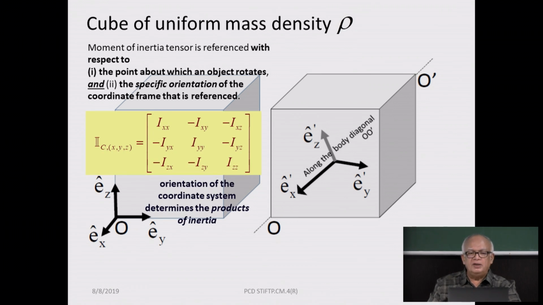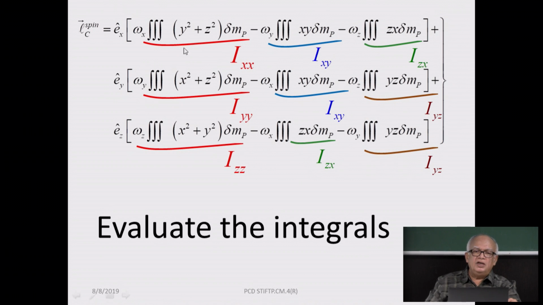So how will you get it? This is the matrix that you have to determine. And when you determine all the matrix elements, you will get the moment of inertia. So what we have to do is to evaluate these integrals, right? And we can evaluate these integrals for the cube. So if you assume that the cube has uniform mass density, let's take a simple example, then for that uniform mass density, you have to sit down and evaluate all of these 9 integrals, some of which are symmetric.